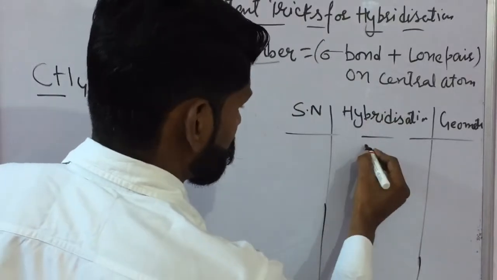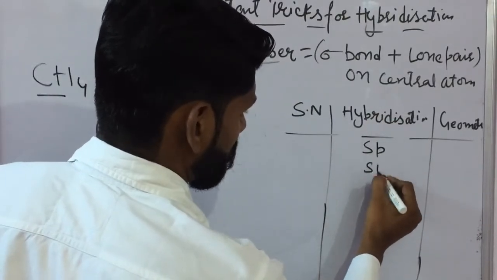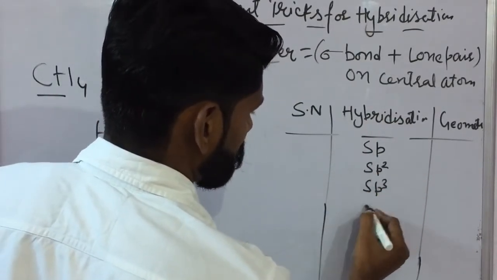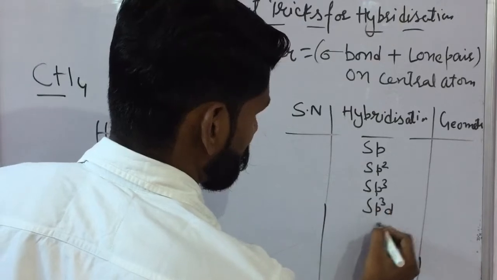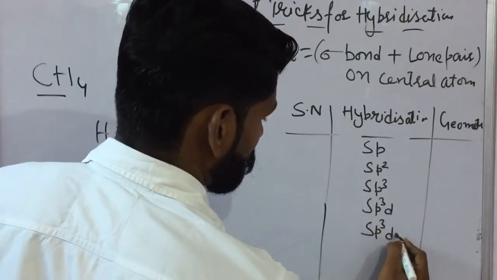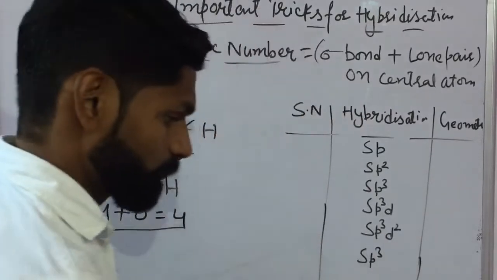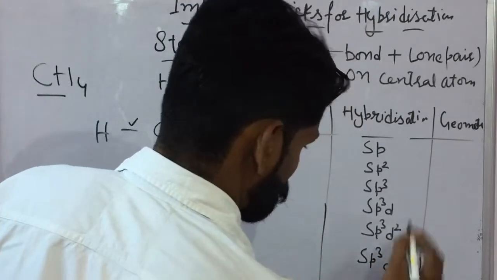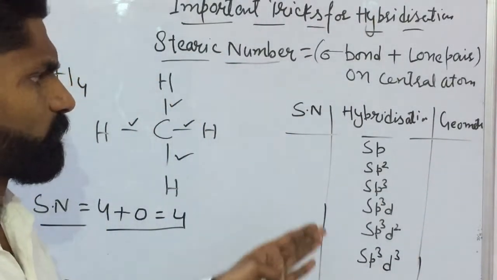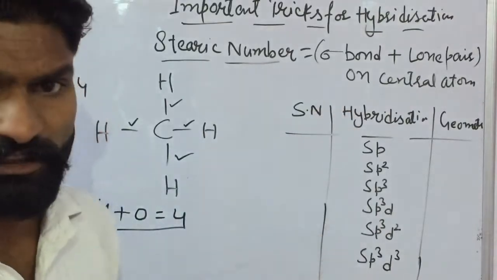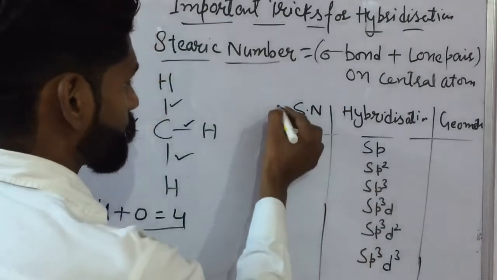We have the hybridizations sp, sp2, sp3, sp3d, sp3d2 and sp3d3. Mostly we see these kinds of hybridizations and steric numbers.